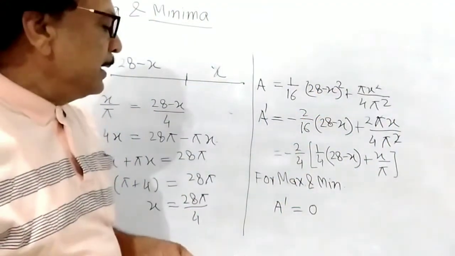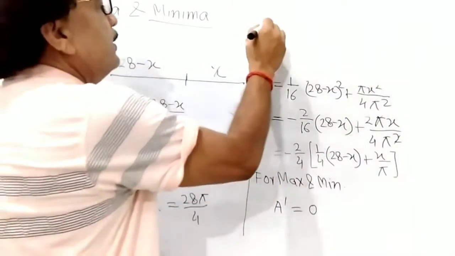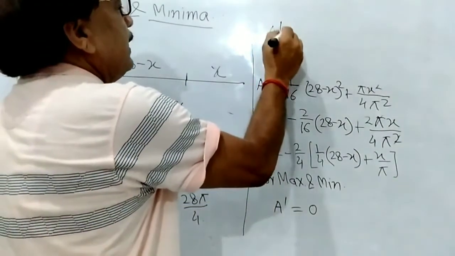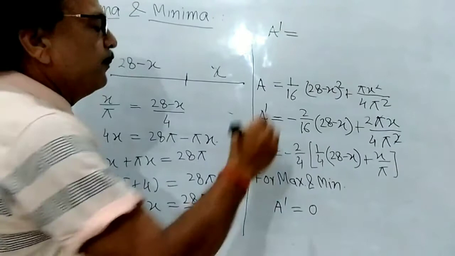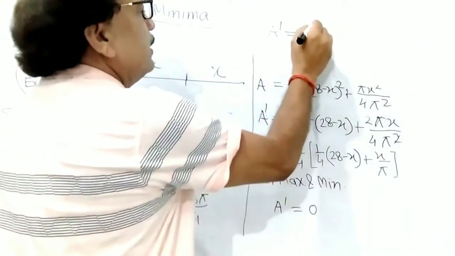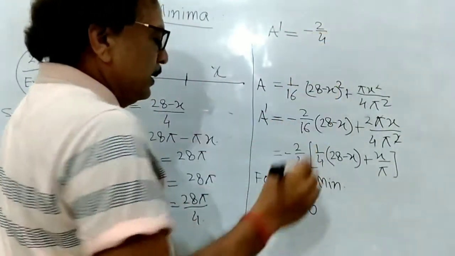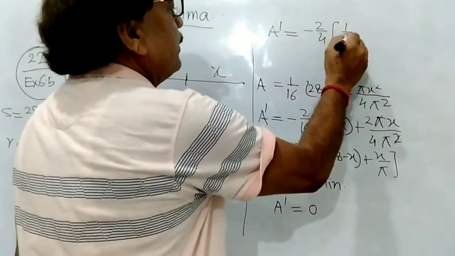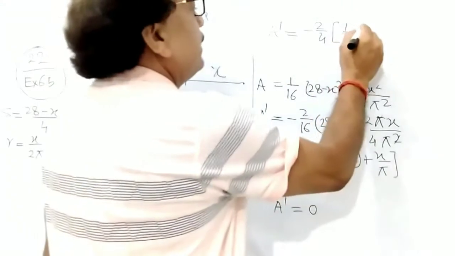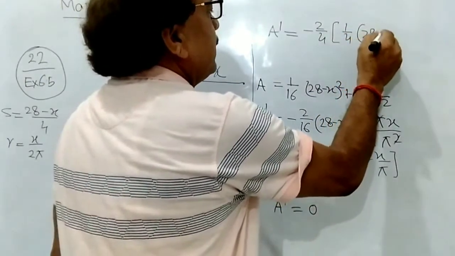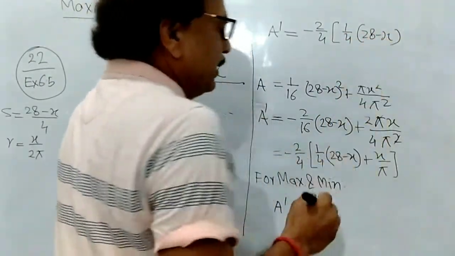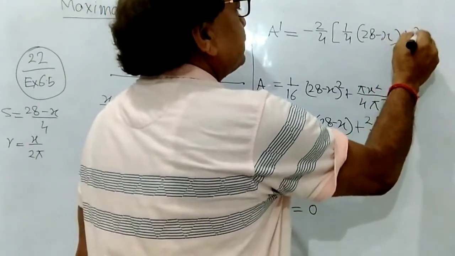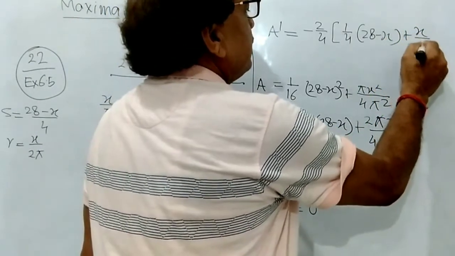A dash will be equal to minus 2 by 4, minus 2 by 4 and 1 by 4, 28 minus x plus x upon pi.